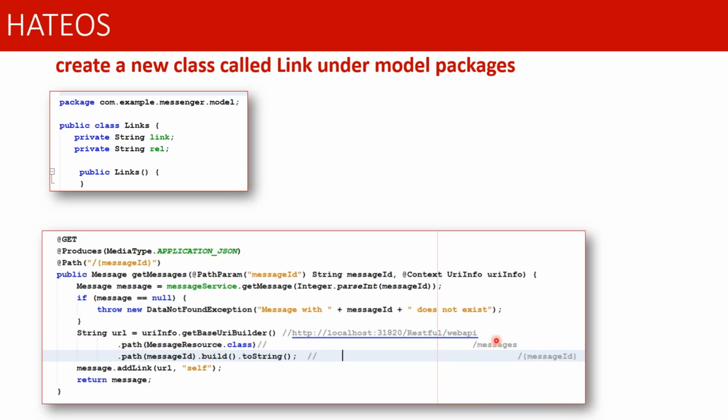This builds up the path, slash whatever the message ID is, and it will retrieve that. Then we are converting this to string, and then message dot add link URL comma self. So you are adding the link URL comma self to the message, and then we are returning the message.